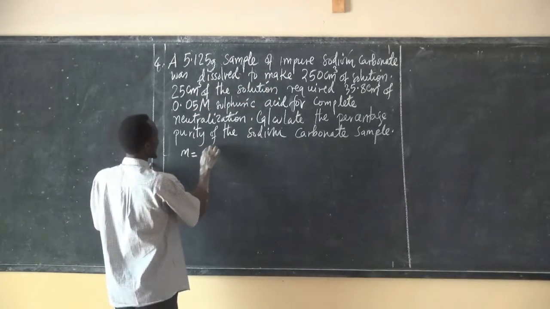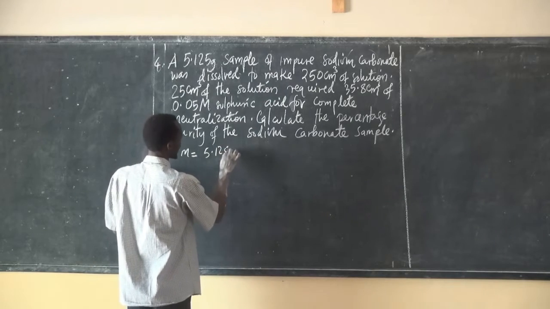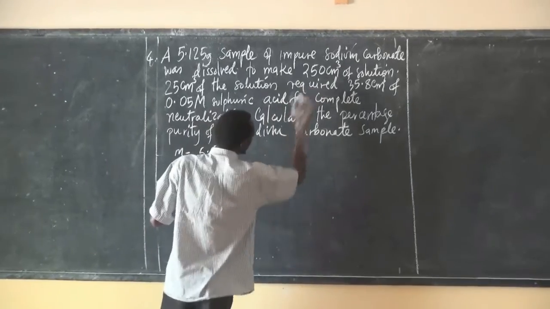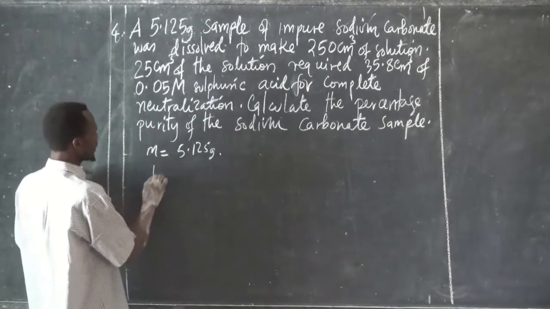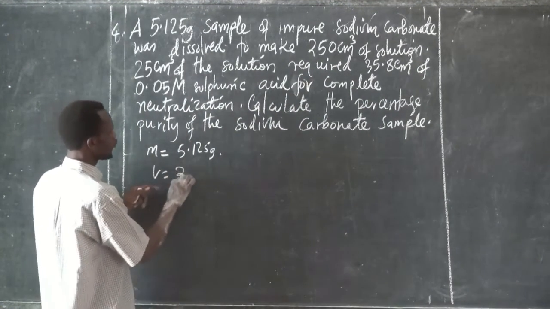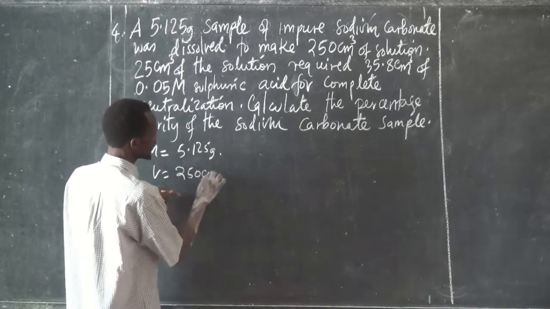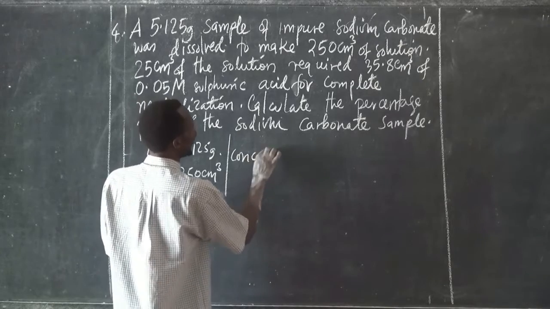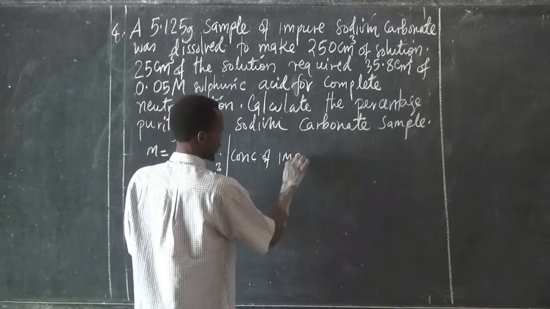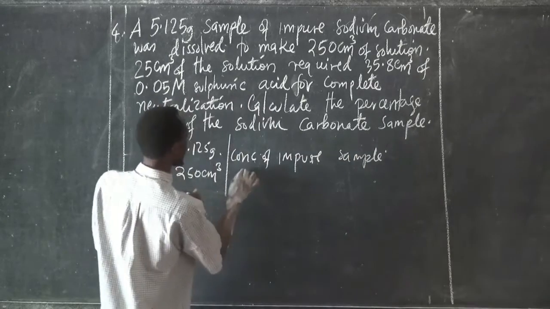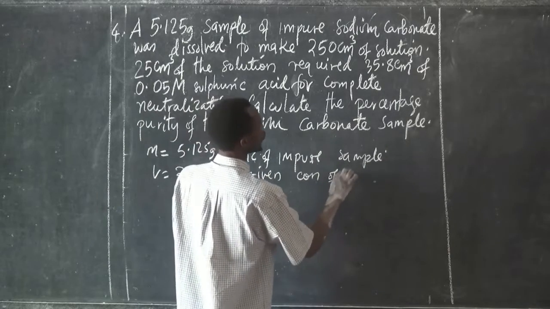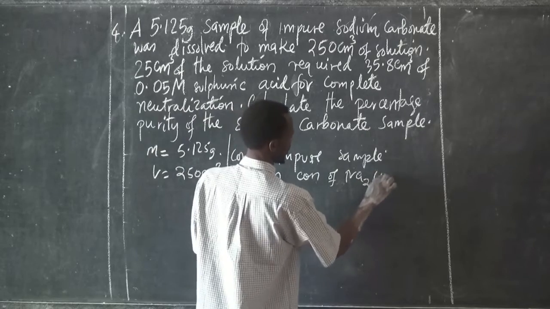Now, mass is 5.125 gram. It was dissolved into 250 centimeter cube. That is volume, which is equal to 250 centimeter cube. Now, we are looking for the concentration of impure sample, or we call it the given concentration of sodium carbonate.